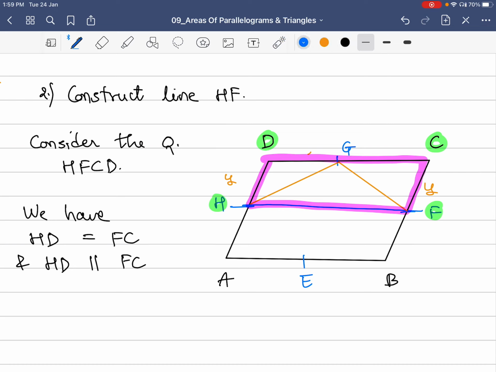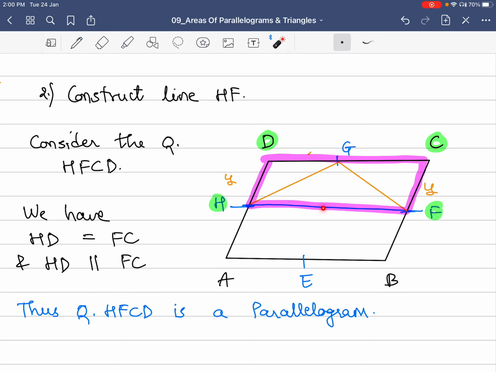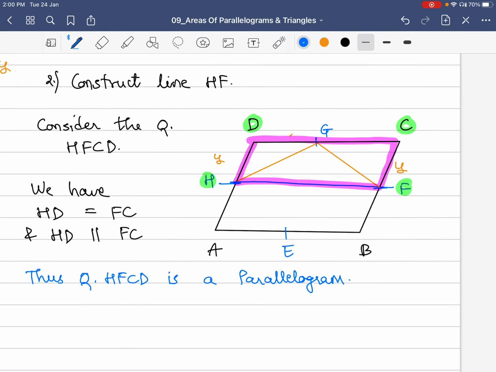Thus quadrilateral HFCD is a parallelogram. This is an important conclusion in this proof, that this small quadrilateral is a parallelogram.